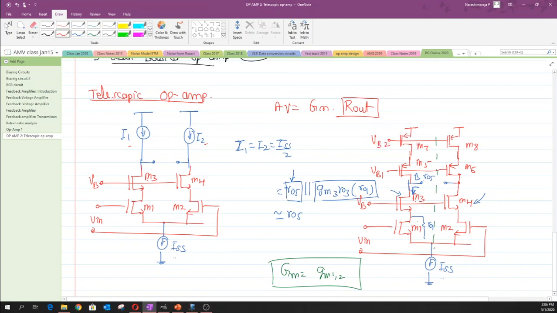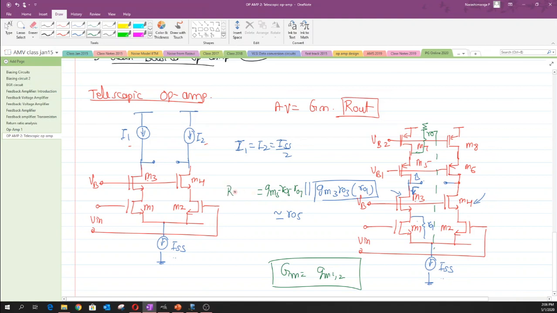Now when I look for the impedance value, RO7 is being magnified by the intrinsic gain. So this RO7 is magnified by the intrinsic gain of this M5 when we look through the drain of this transistor M5, due to which the output impedance can be written as GM5 RO5 magnifying the drain resistance of M7, which is RO7.